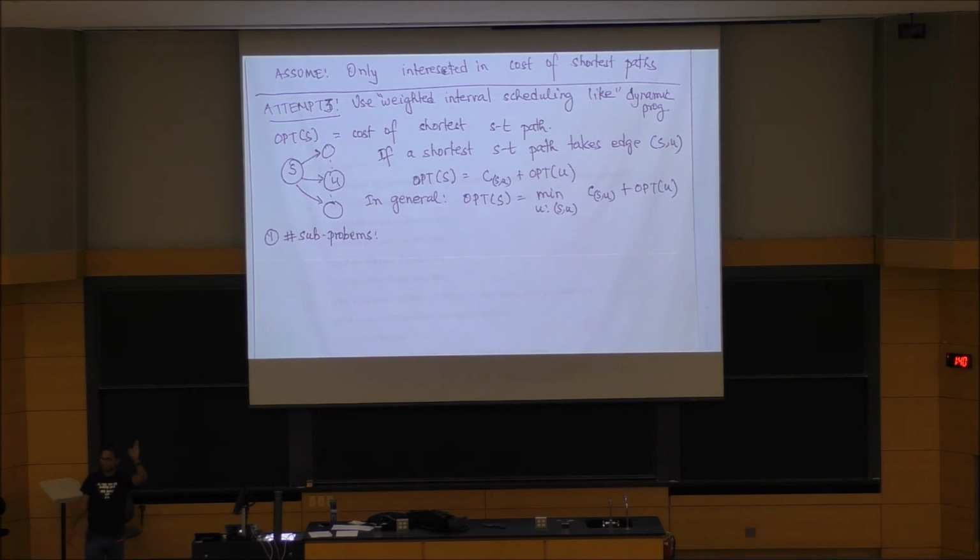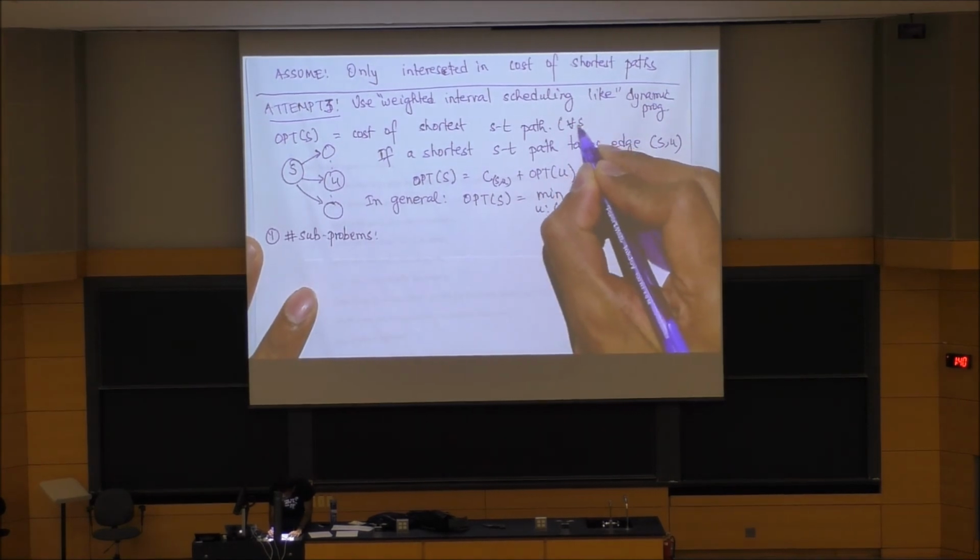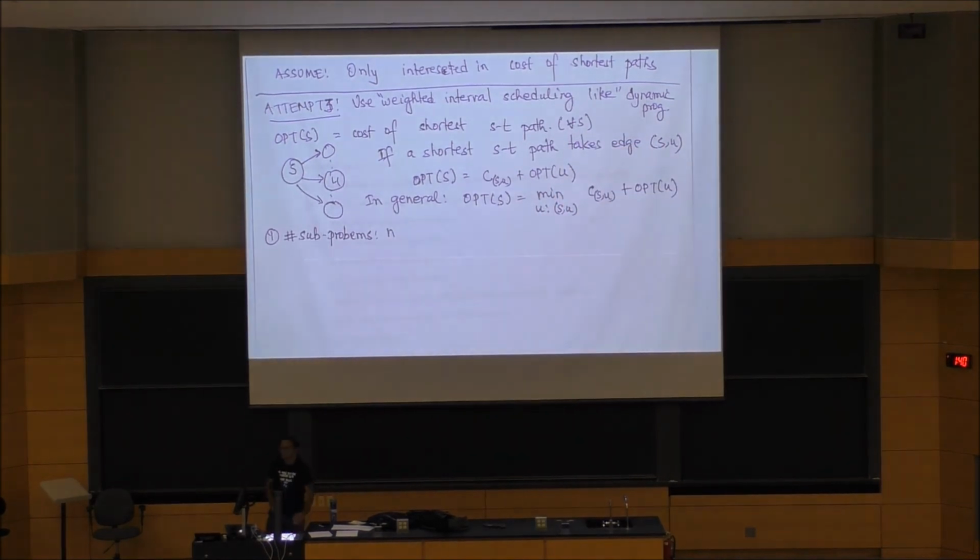So you need one subproblem for each vertex. And so since there are n vertices, I'll have n subproblems. So I should have clarified this. You want this for all S. So the number of subproblems is just n, which is a nice polynomial thing, which is good.